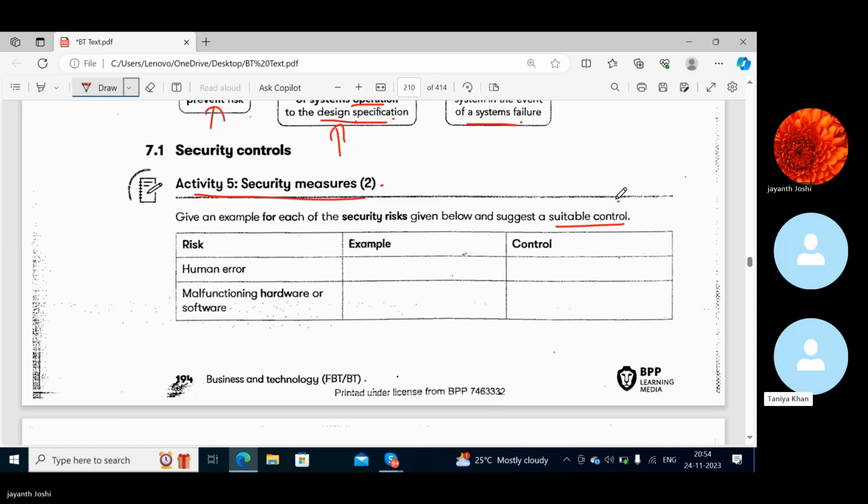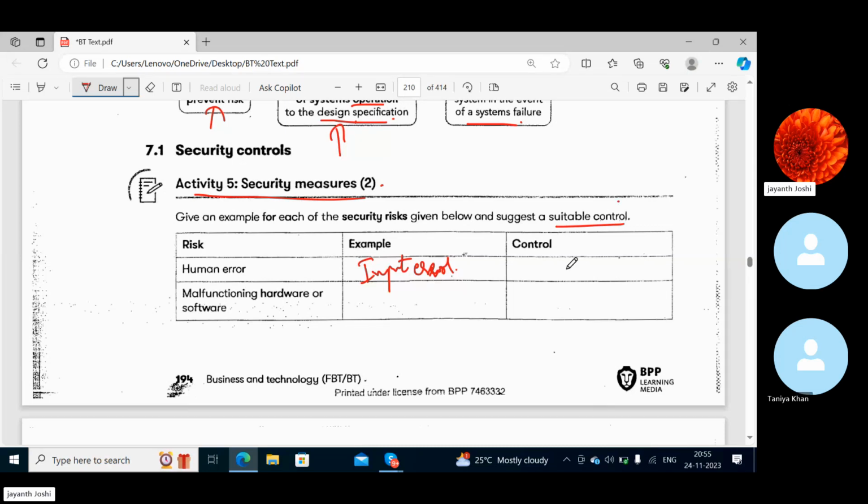Example for human error must be not paying attention. Yeah, it can be. Or else sometimes people panic also, panicking in a crisis. Human error can be input error. That means they won't record something at times. Yes, sir.